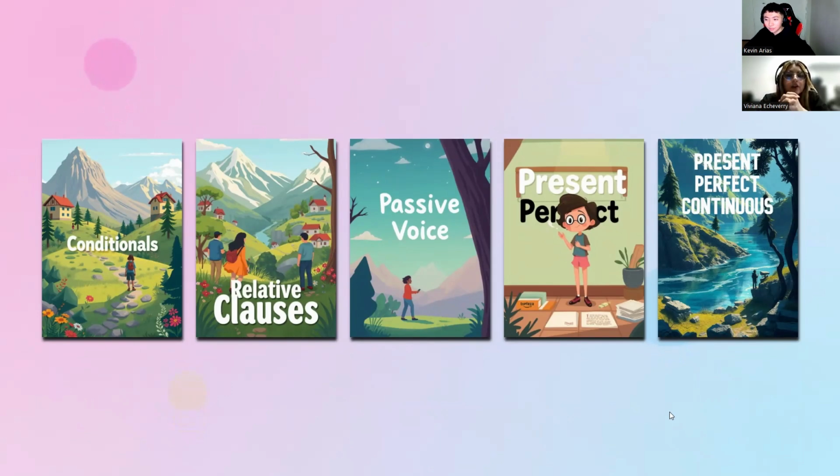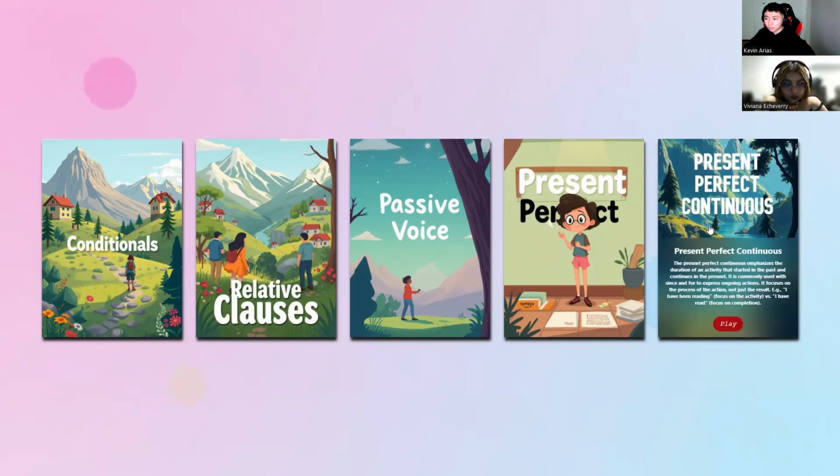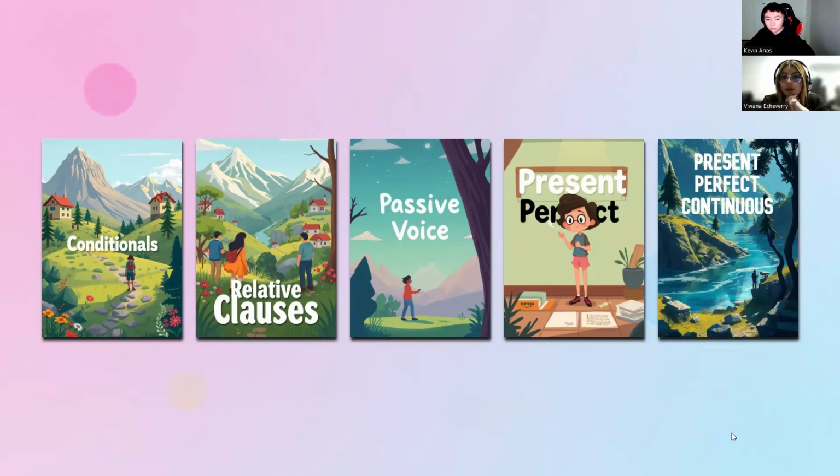Now, we are going to talk about our last topic, that is present perfect continuous. That is actually my favorite. The present perfect continuous emphasizes the duration of an activity that started in the past and continues in the present. It is commonly used with since and for to express ongoing actions.